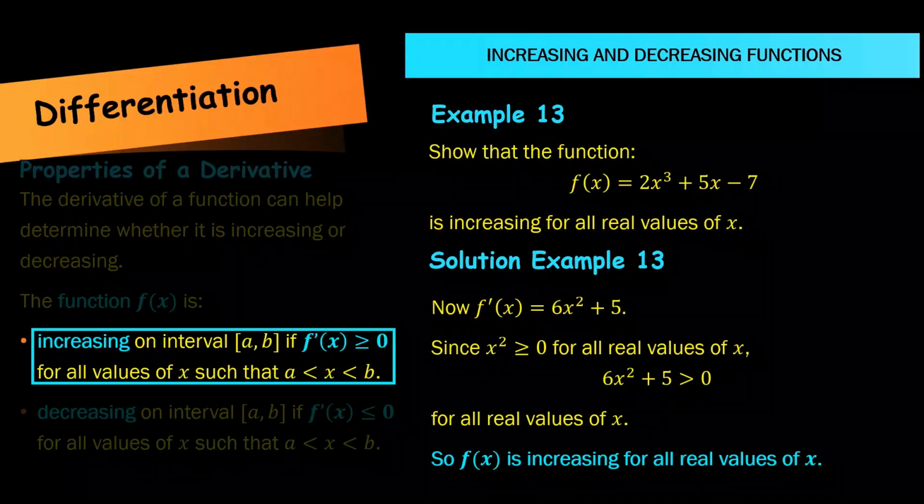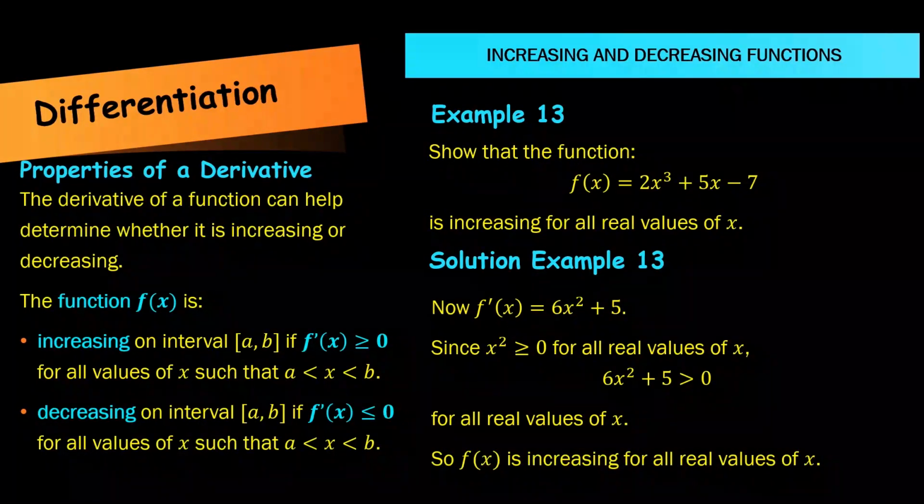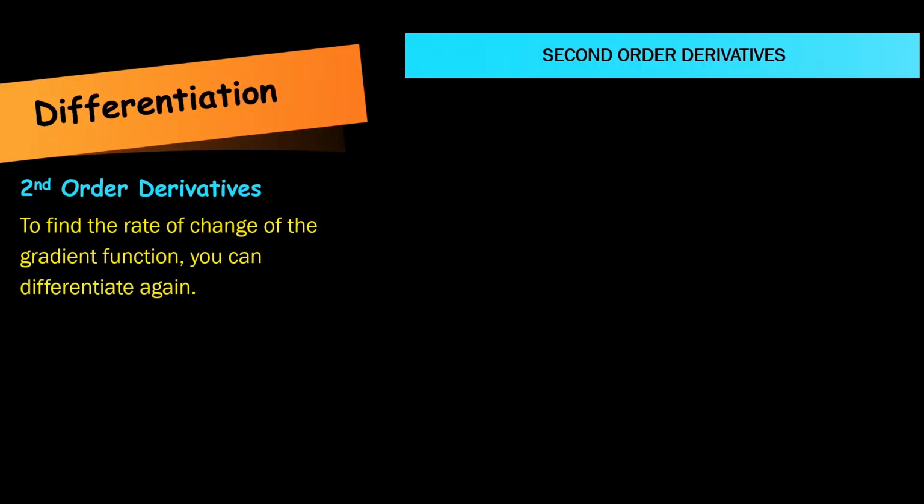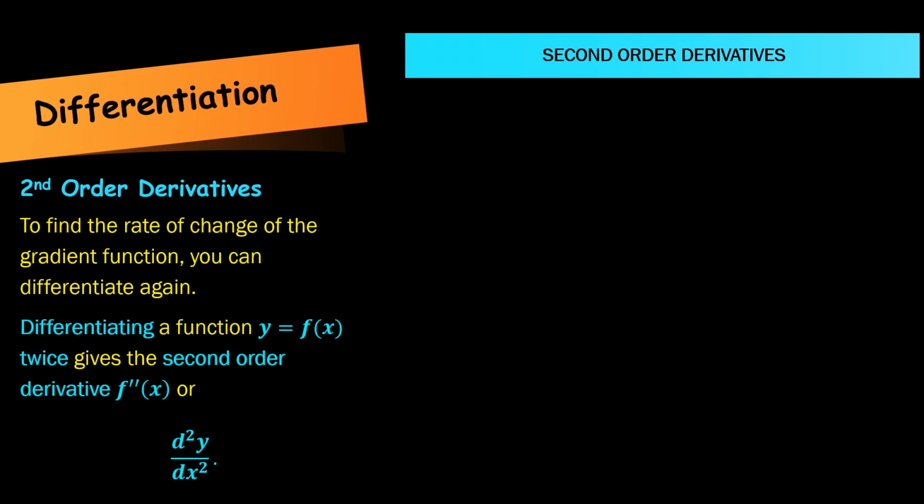To find the rate of change of the gradient function, you can differentiate again. Differentiating a function y = f(x) twice gives the second order derivative f''(x), or d²y/dx². Let's take a look at an example.